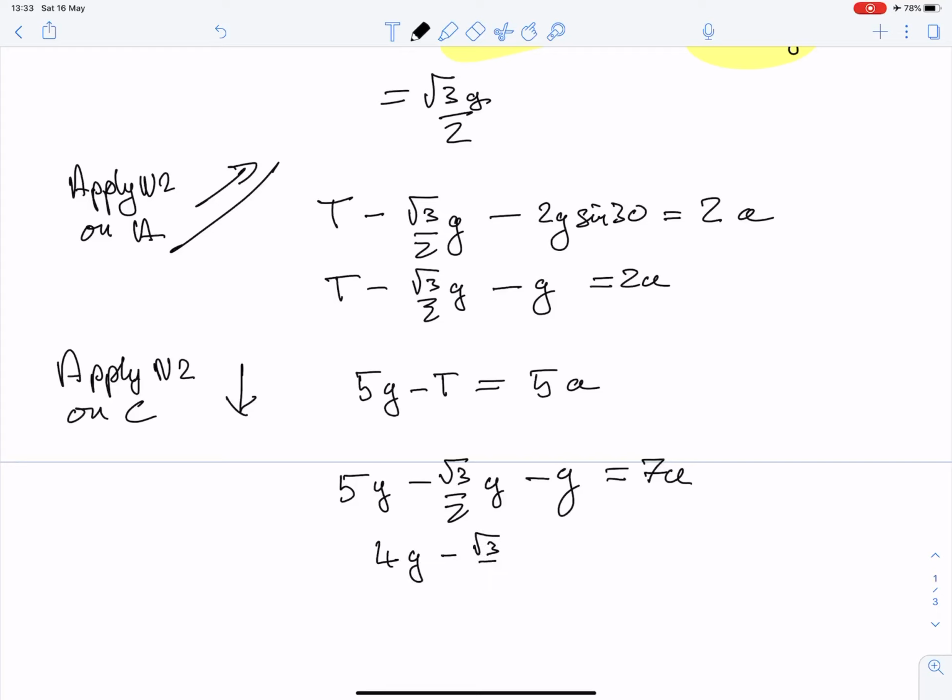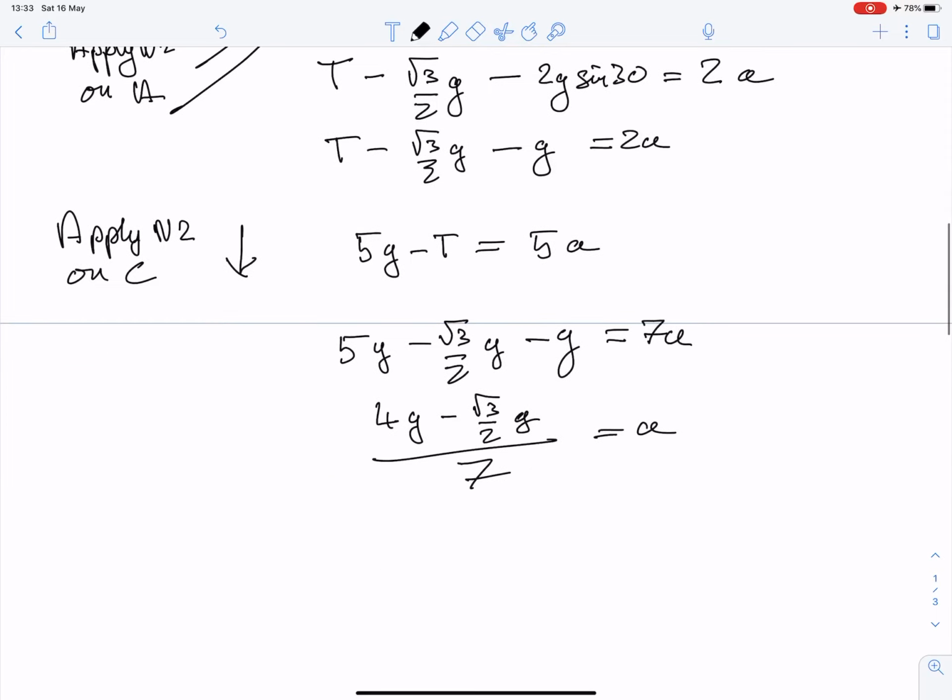So we get, acting down, 5g minus T. 5g minus T is equal to its mass, which is 5, times the acceleration a. If we now add the two, we get 5g minus root 3 over 2 g minus g equals 7a.